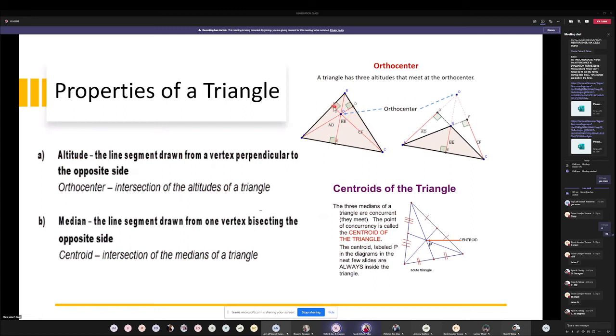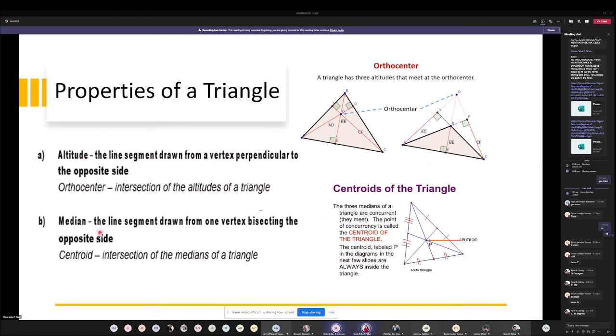The point where the three altitudes meet is what we call the orthocenter of a triangle. It's possible also that the orthocenter is outside the triangle. It depends on the measurements of the sides and the interior angles of the given triangle, so it's possible to have an external orthocenter.